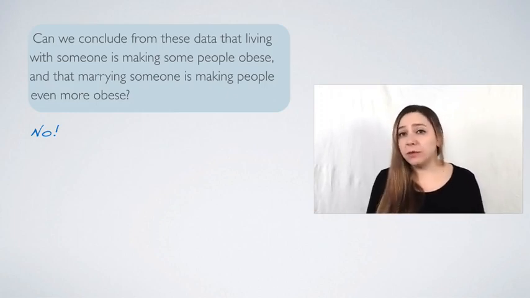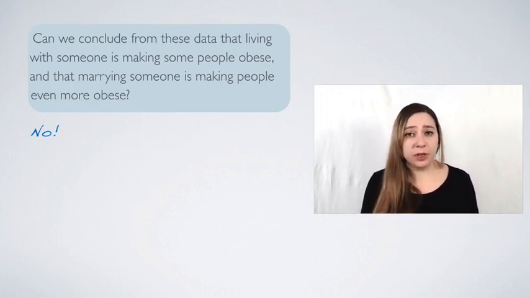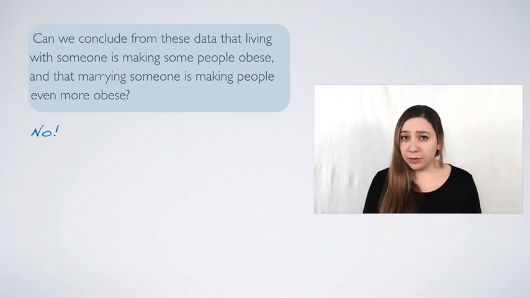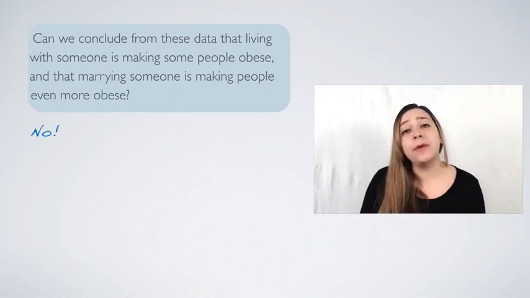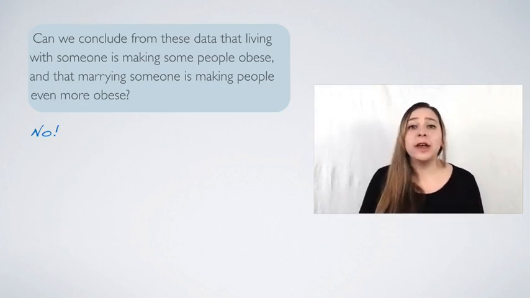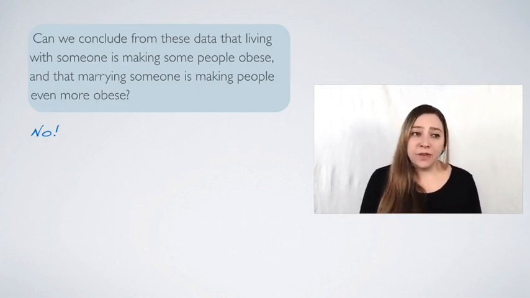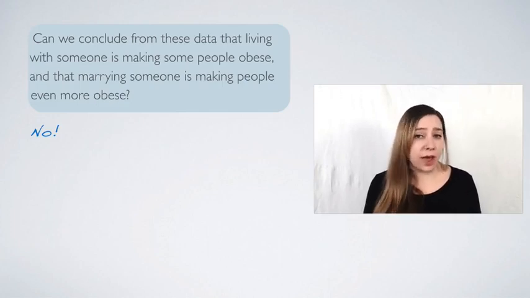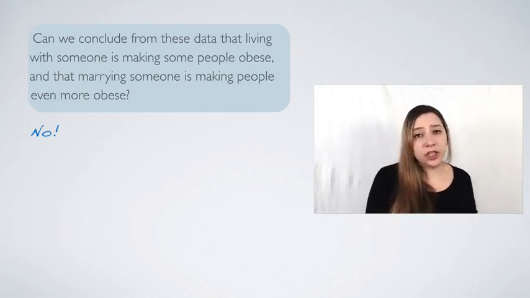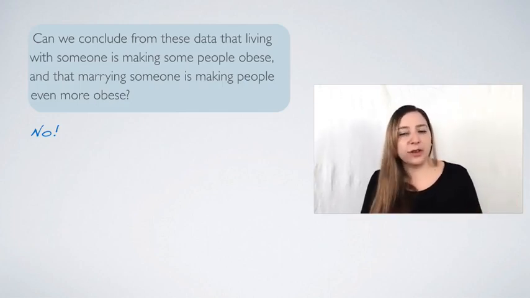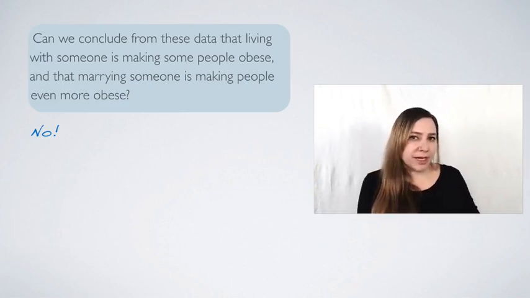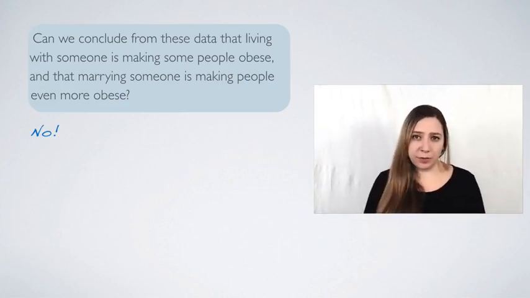It is possible that there is a causal relationship between obesity status and relationship status, but the type of analysis that we conducted here is simply not sufficient to deduce a causal relationship. And we always want to consider in these cases the effect of possible confounders like age or other life factors that one might think about that change along with the different life periods where people tend to be dating, cohabiting, and married with each other.